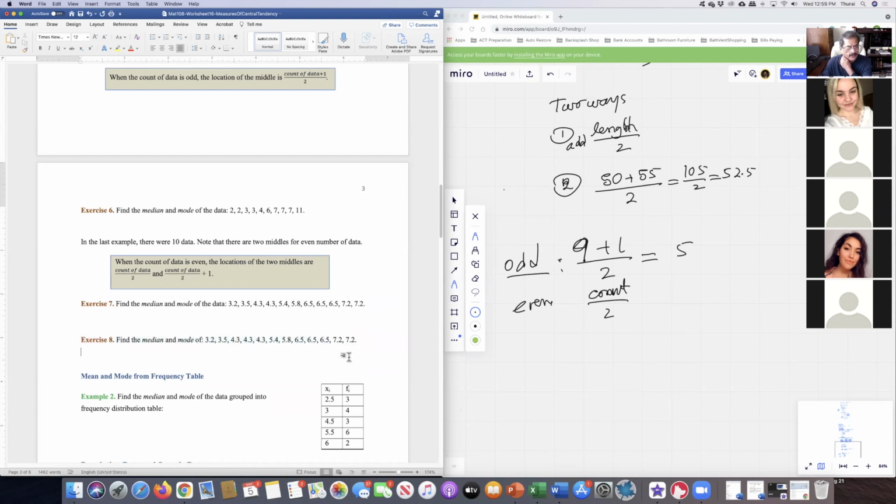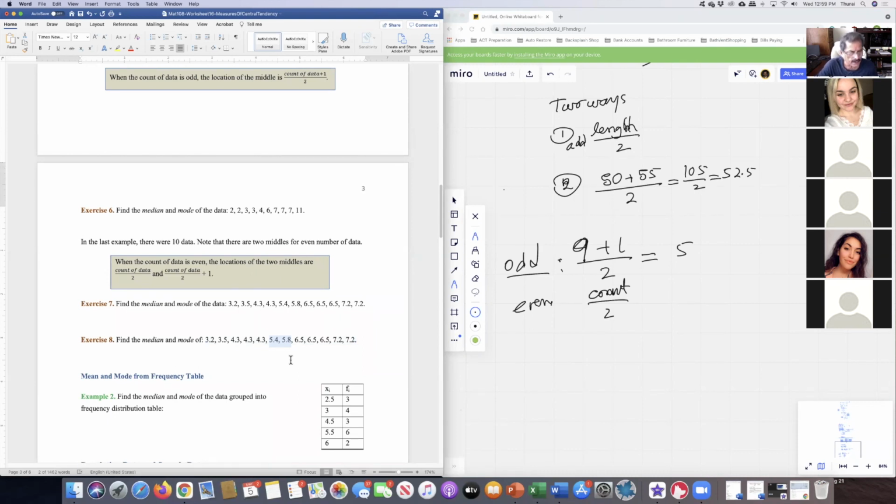Okay, now the median. We have to add 5.4 and 5.8 and then divide by 2. Right, average 5.4 and 5.8.